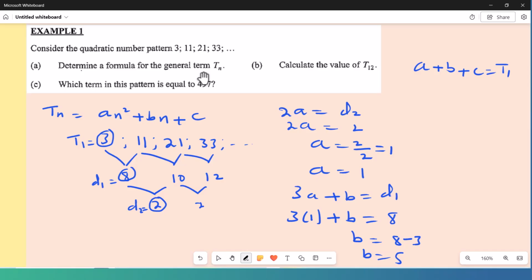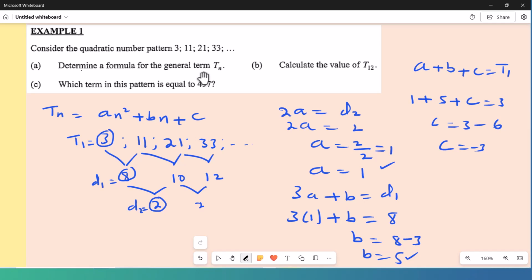Because we have the a and also the b, we have 1 plus b, which is 5, then plus c. Now our T1 is from the pattern, so our T1 is this 3 here, so it equals 3. So 1 plus 5 is 6. So our c equals 3 minus 6, which gives us c as negative 3.